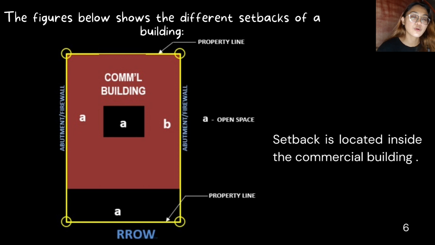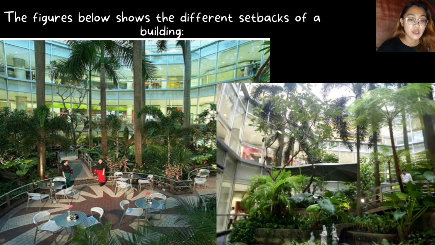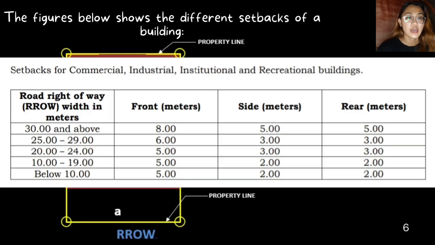There is one example, a mall, where we can see this kind of setback. As we can see in this picture, the setback is inside of a commercial building.